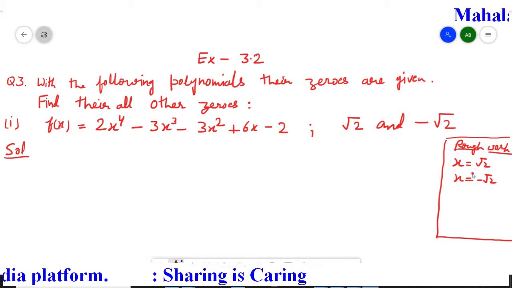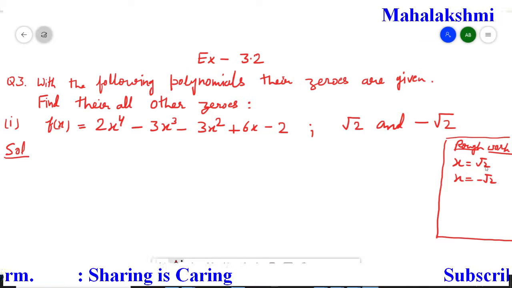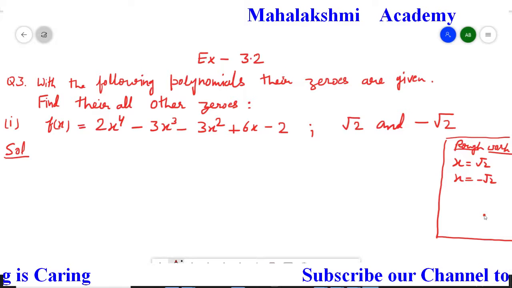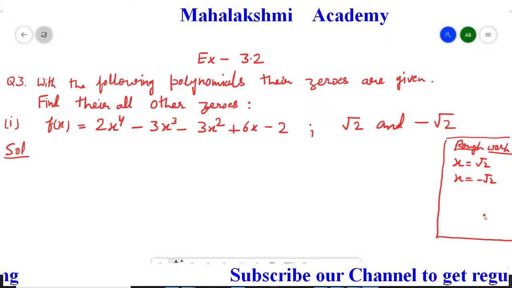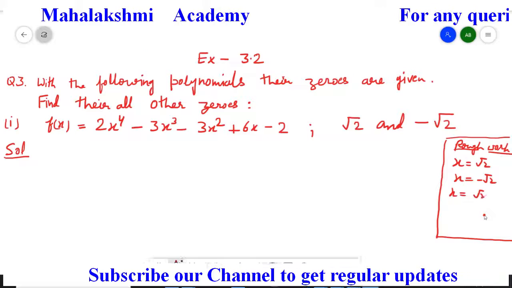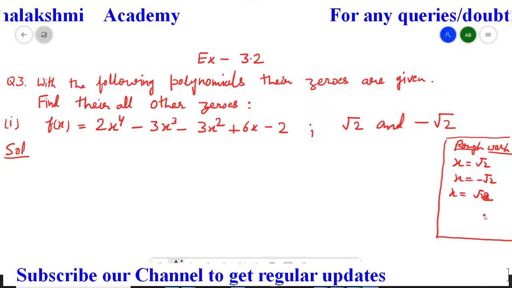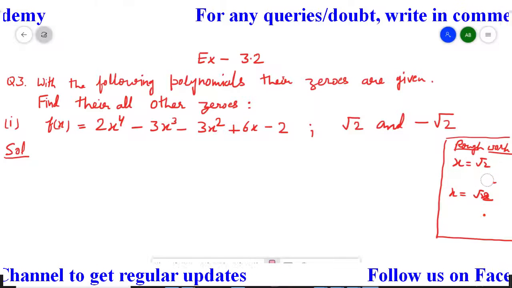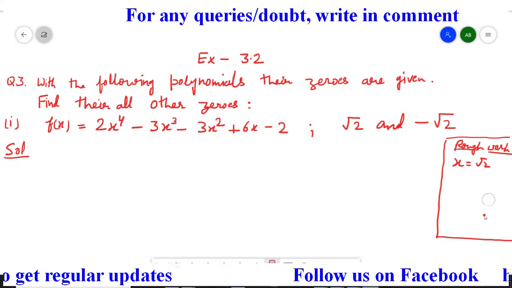So from here, suppose x is equal to root 2. I will write it properly. So one zero is x equal to root 2.